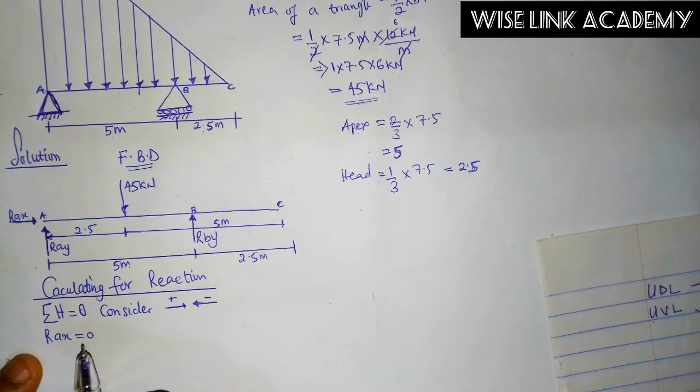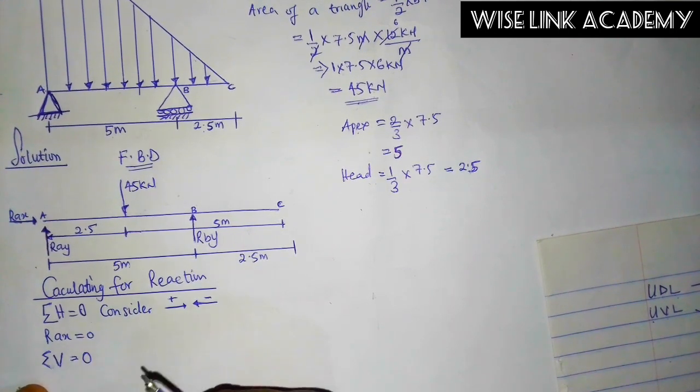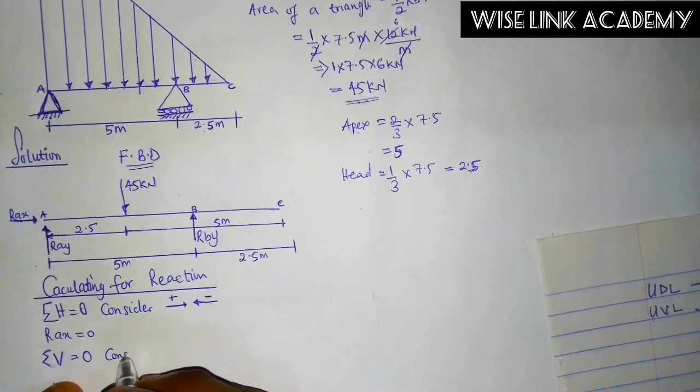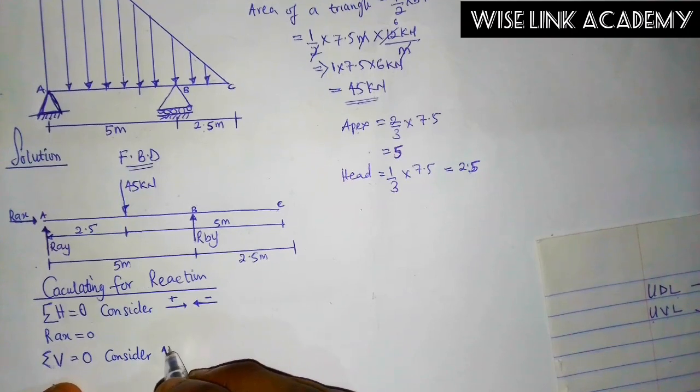If I move on, summation of V is equal to 0, isn't it? Consider my upward force to be positive and my downward force to be negative.